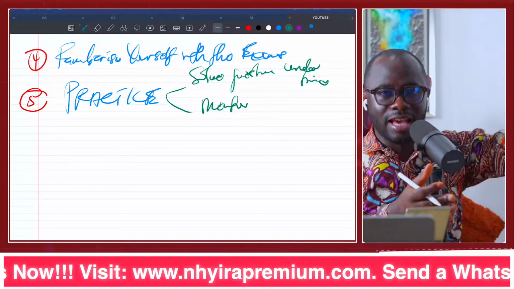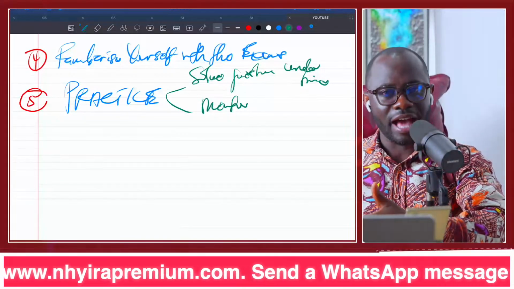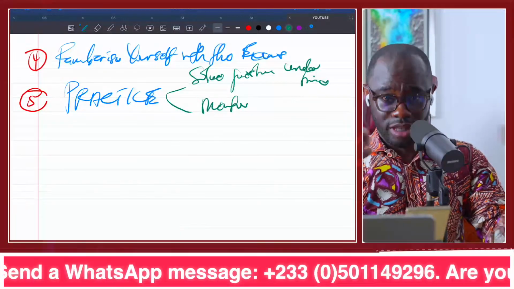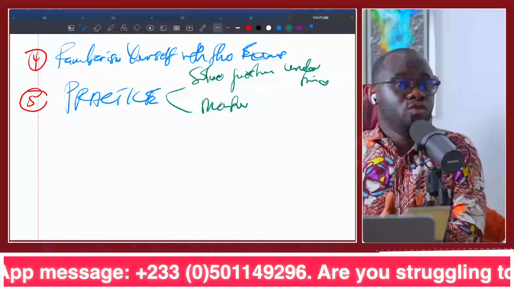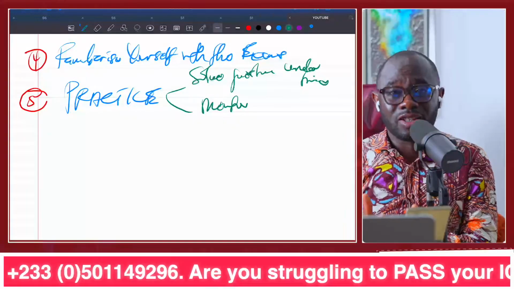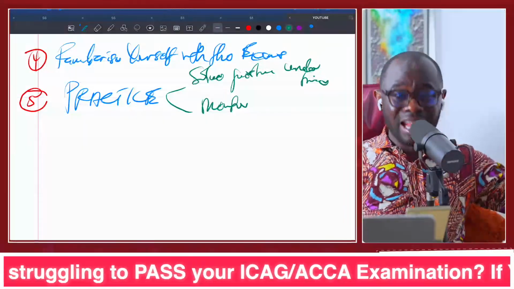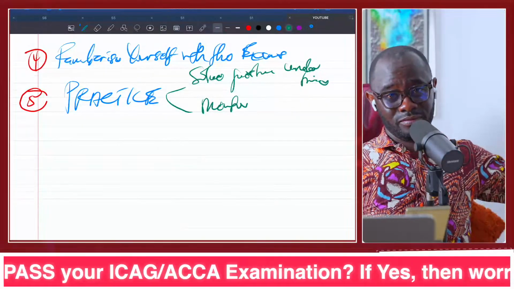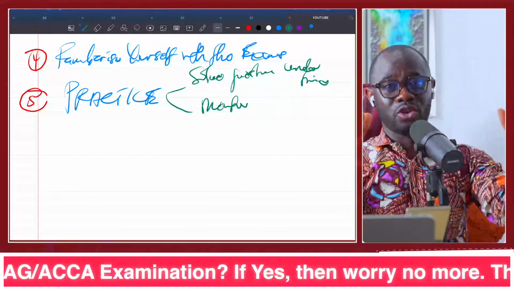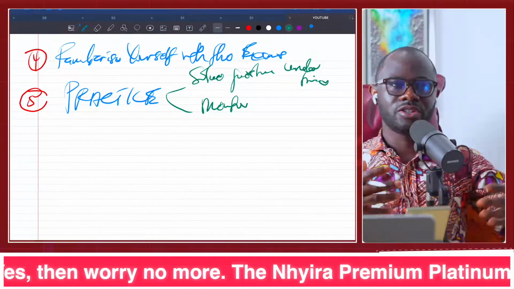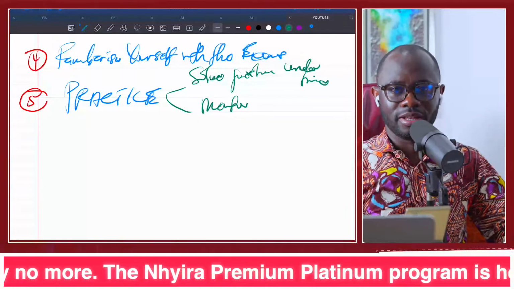If you're attending lectures, make sure that you are being guided, you are being directed. For instance, in our community, that's what we do here. You're going to do assignments. I'm going to get the script, I'm going to project it on the screen like this, and I'm going to mark you, and make sure that you are doing the right thing. Because you see, that is how you pass the examination.